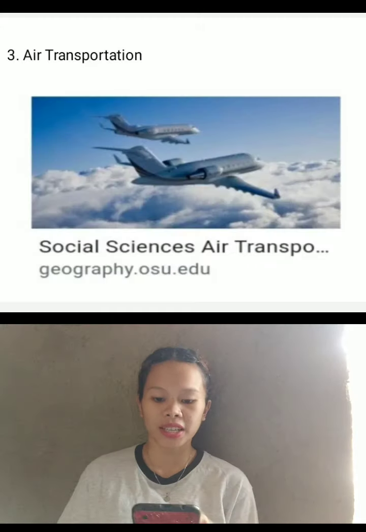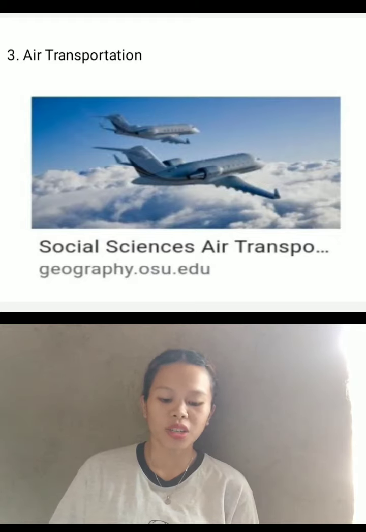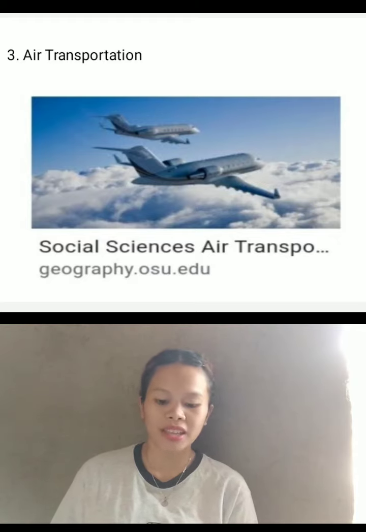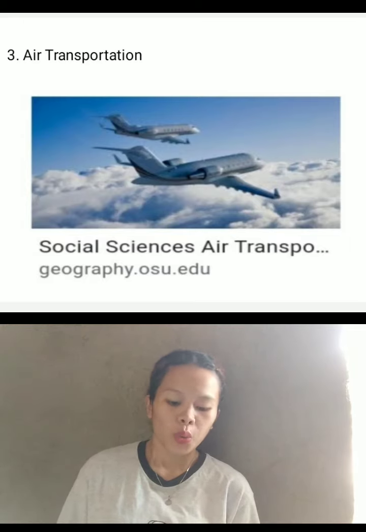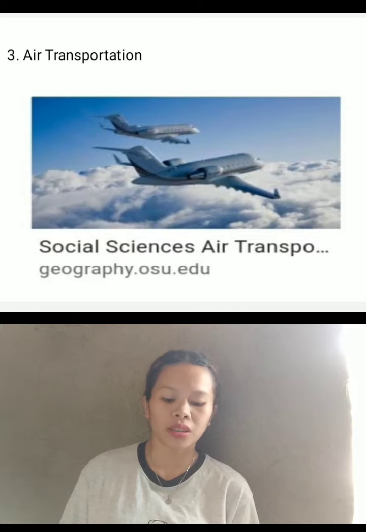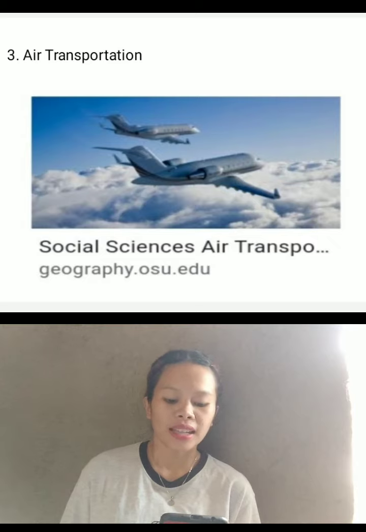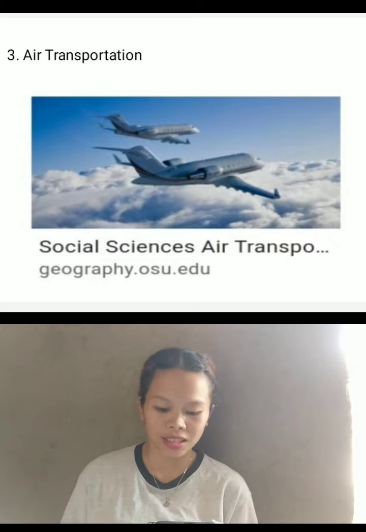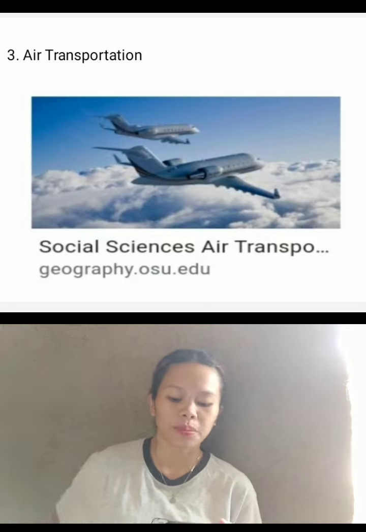And number 3 is air transportation. The newest mode of transportation is air. Airplanes are becoming increasingly important in domestic and international trade, with continually improving technologies and practically unlimited route possibilities. Air transportation is the fastest growing and most time efficient shipping mode.